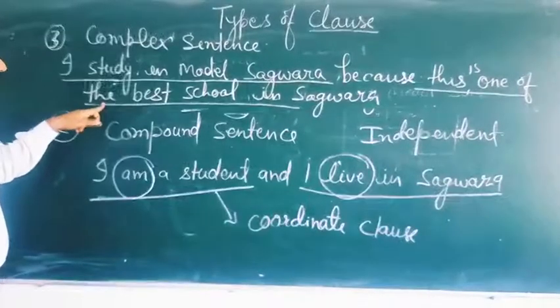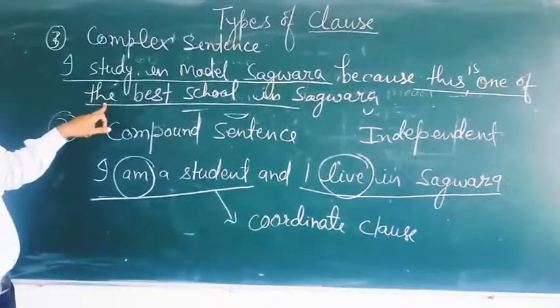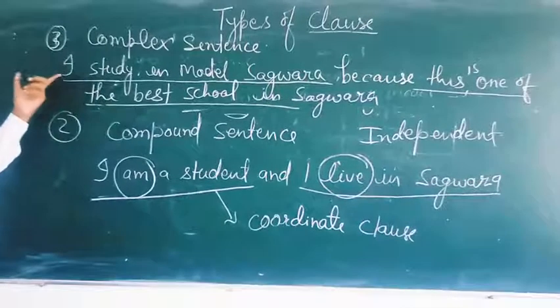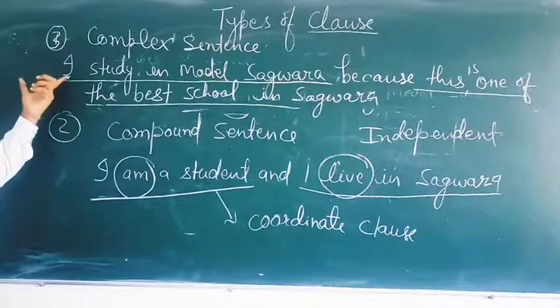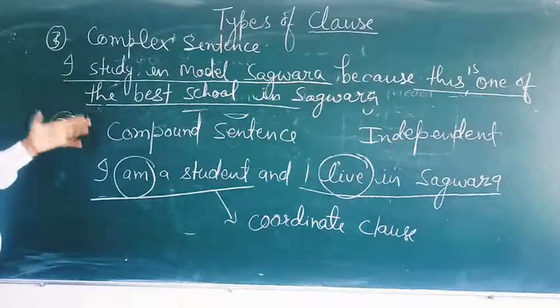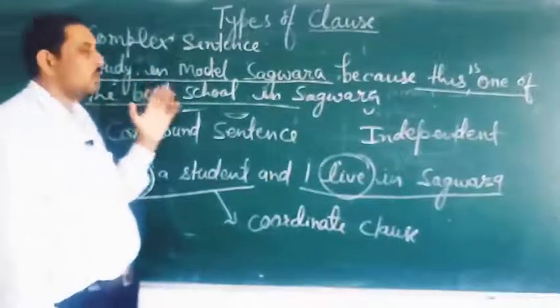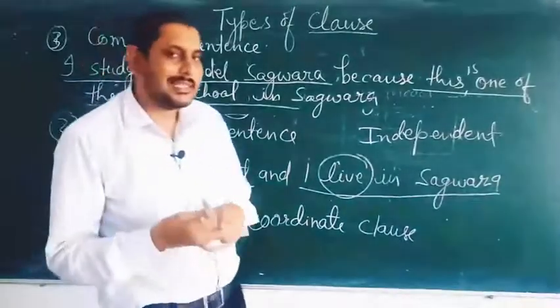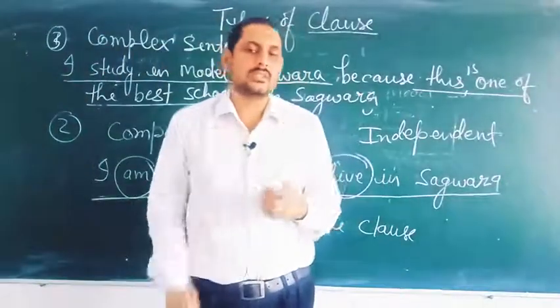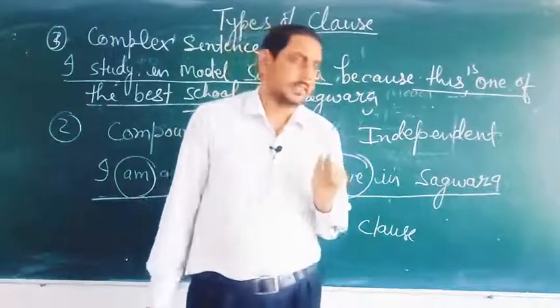So the second clause is a subordinate clause and the first clause is an independent clause, you can say the principal clause. When a sentence has two types of clause, one subordinate clause and another principal clause, the sentence is called a complex sentence.